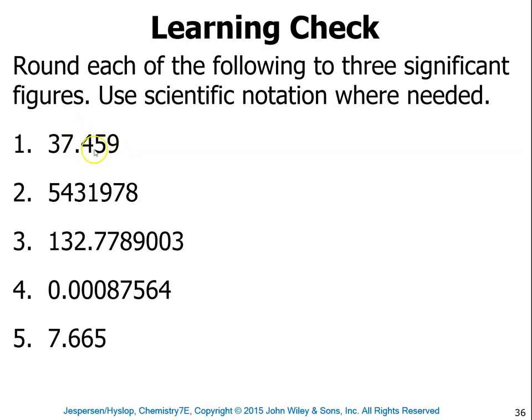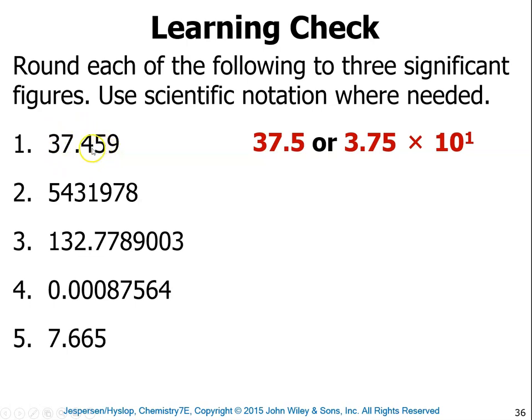we can actually make this into scientific notation even though the decimal place is in the middle. Remember, we just want to make a number between 1 and 10. So to make this 3.7459 times 10 to the 1, we're going to multiply this by 10. That will give us back to this one. But then we want to round it to 3, so we just look at these 3 digits.